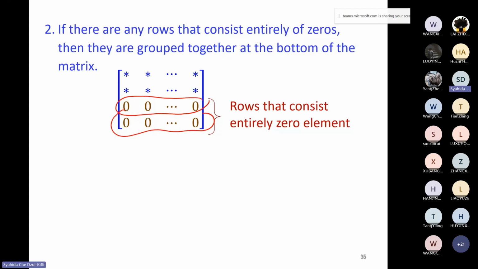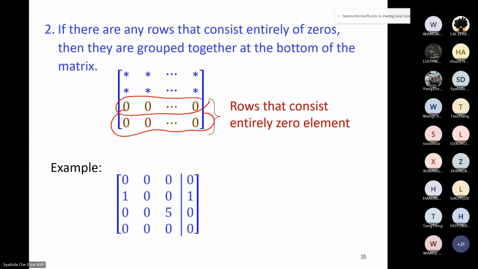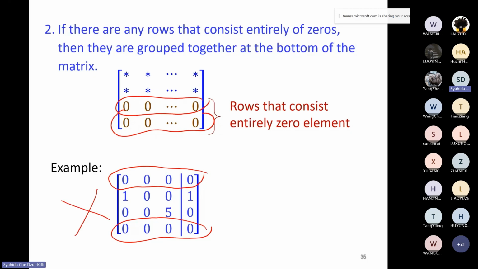This is quite easy. For example, the first row and the fourth row consist entirely of zeros. So this does not satisfy property 2, because the first row must be located at the last row.